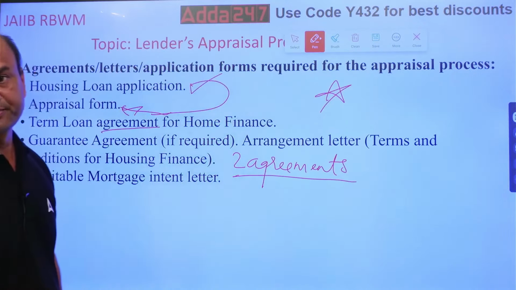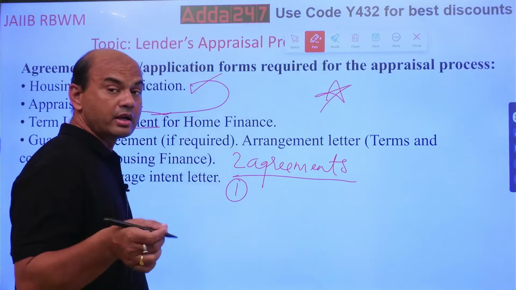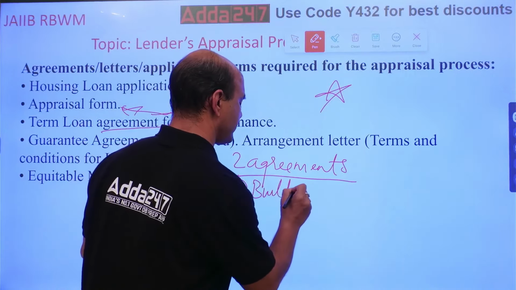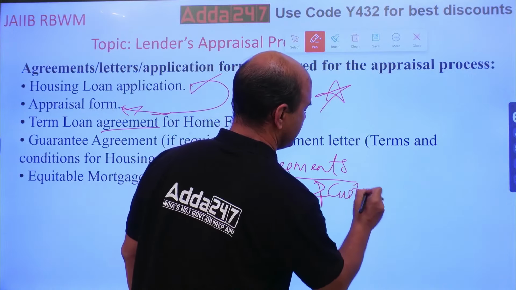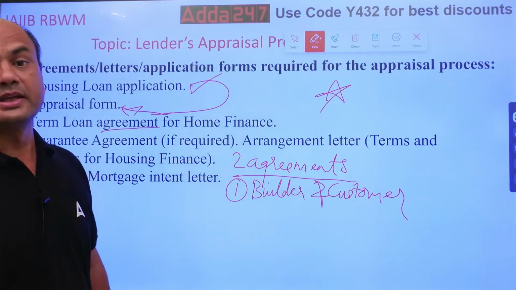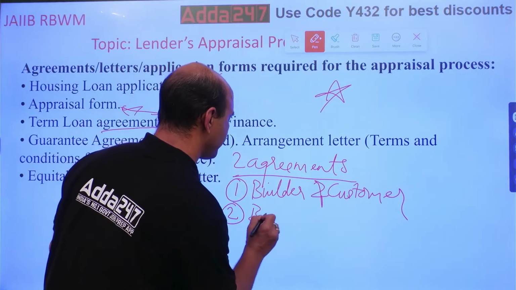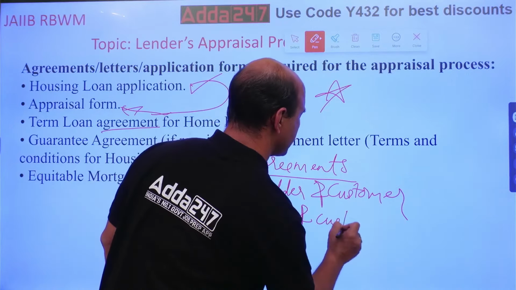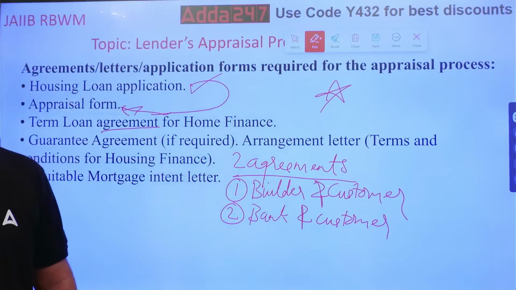One agreement will be between the developer and the customer. This is one agreement. And the second agreement will be between the bank and the customer. So get this very clear.